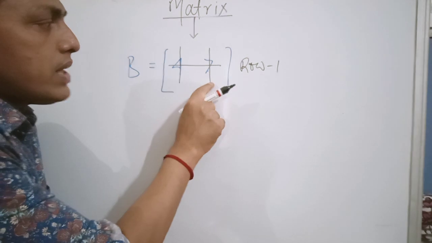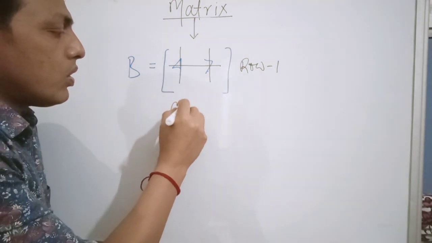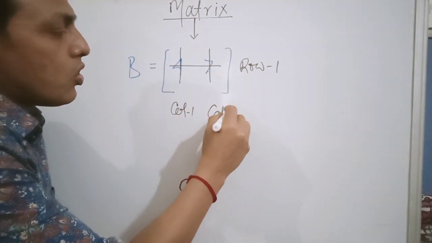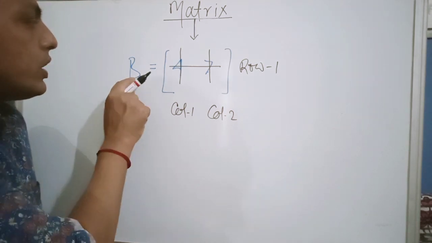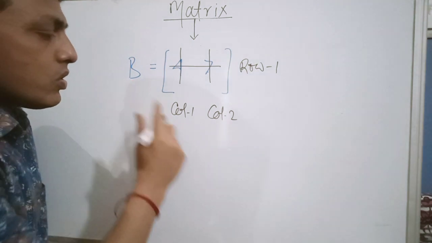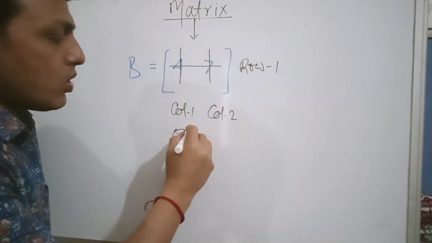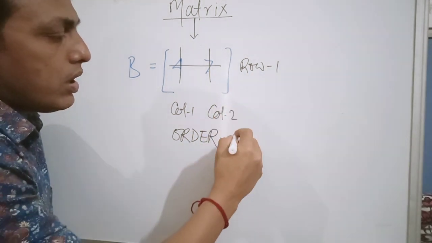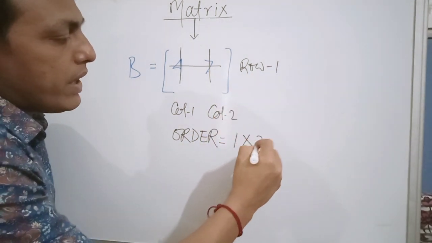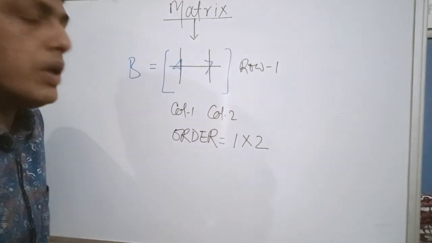If vertical lines are 2, means columns are 2. So it is a matrix of order number of rows by number of columns, that is 1 by 2.